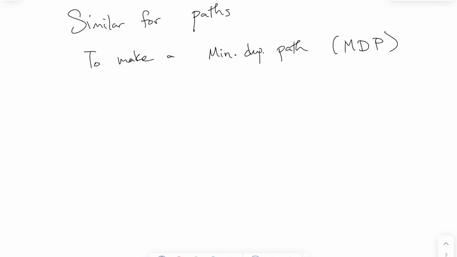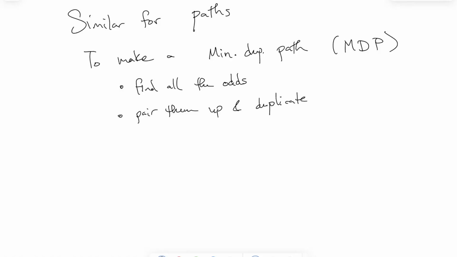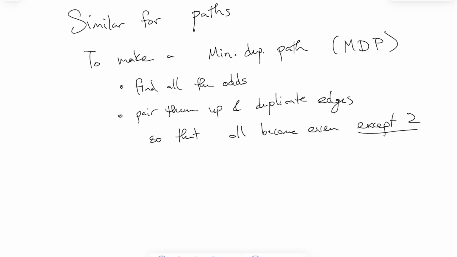You should, first of all, find all the odds, and then pair them up and duplicate edges so that all become even except 2, right?